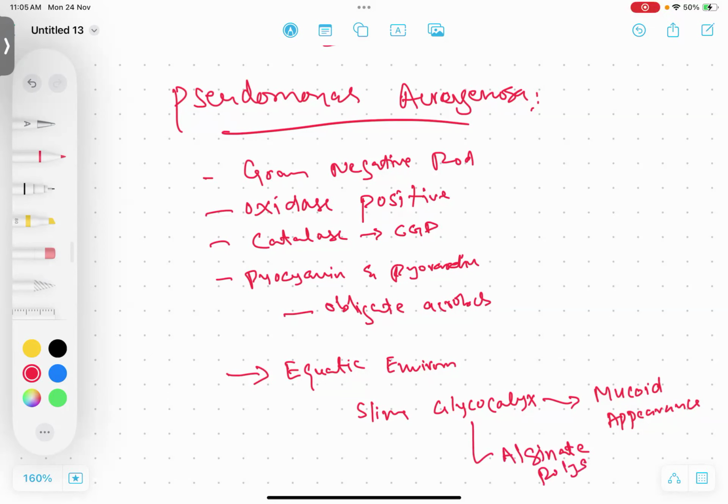This polysaccharide prevents these bacteria from being phagocytosed and opsonized, so it inhibits phagocytosis and opsonization by the immune cells. These were some of the important characteristics of Pseudomonas.